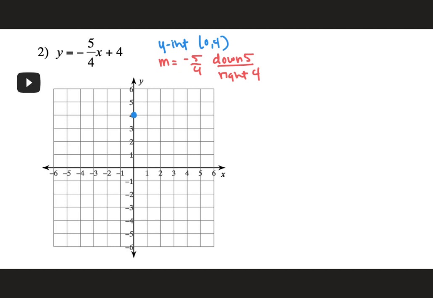So from my point, I'm going to go down 5, 1, 2, 3, 4, 5, and I'm going to go right 4, 1, 2, 3, 4. There's my point. It looks like I can't really do more points, otherwise I'm going to be off the grid. So we can actually go ahead and connect those, and there's my line.